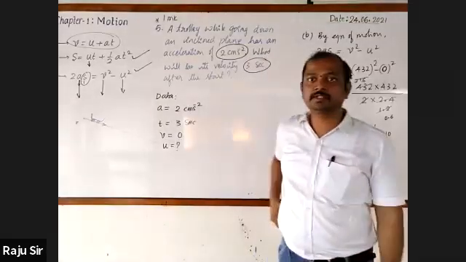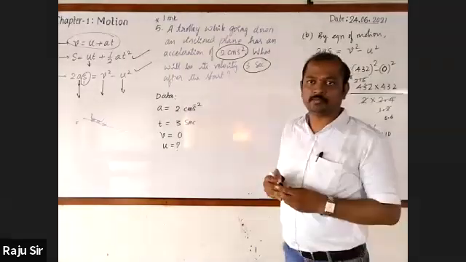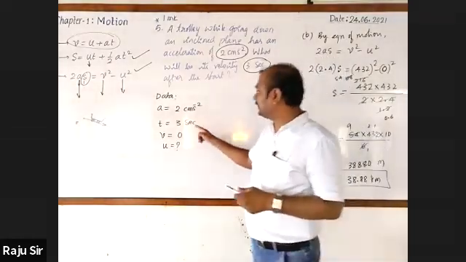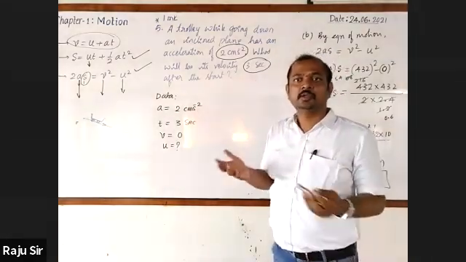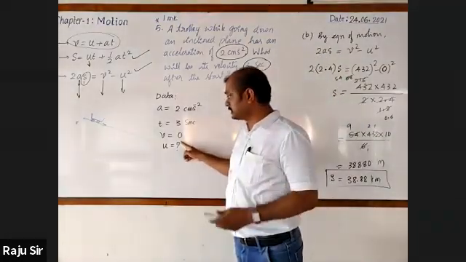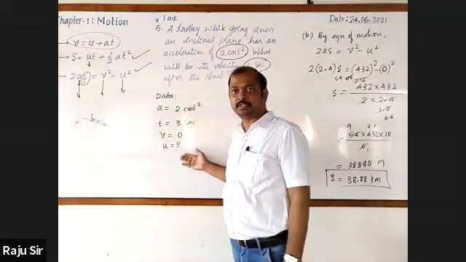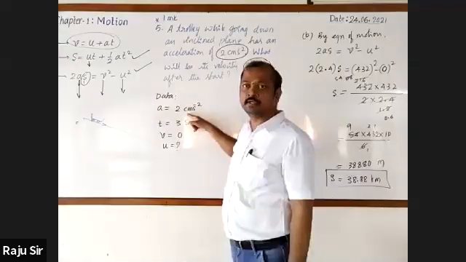And you are going to find out initial velocity, right? Should we convert acceleration? No need to go for conversion, because here time is given in seconds, and here also seconds. If the distance were given in meters, then we would have converted this into meters.